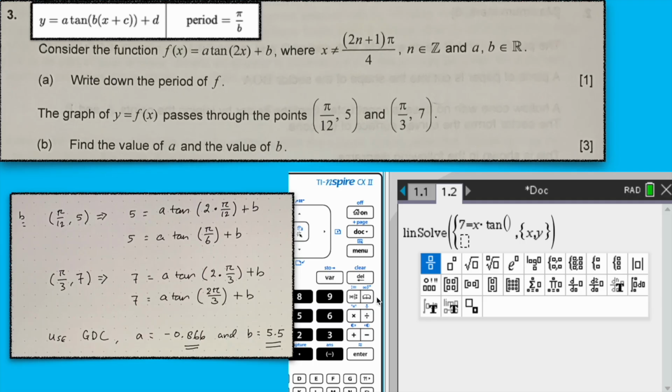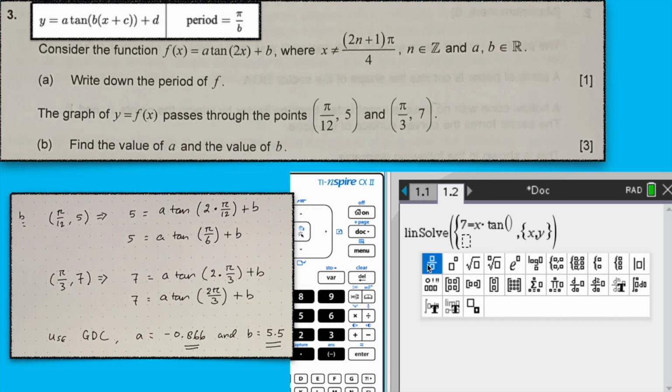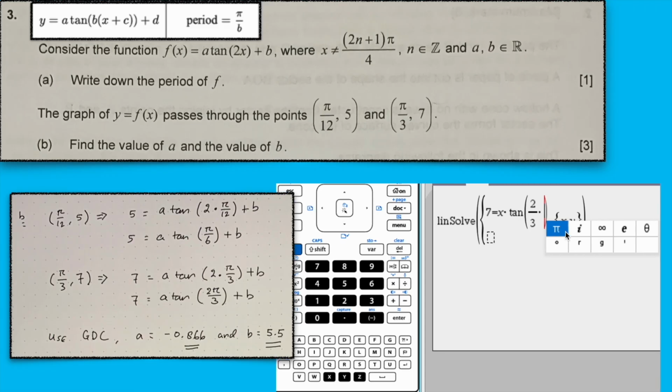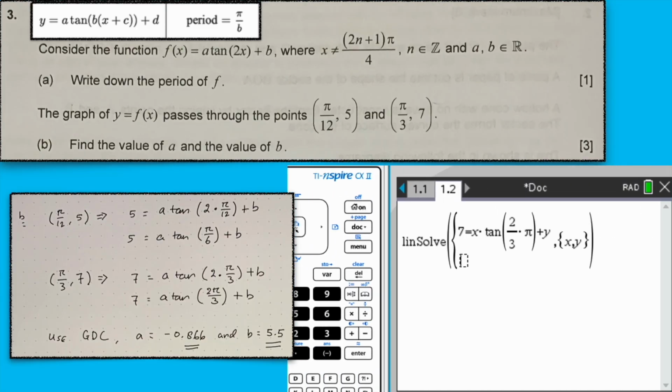So what you can do, click that catalog icon and choose this fraction format like so, and input the values, the numerator and denominator, 2 over 3 times pi. Now to find pi, you click that button there, okay, and then you can find pi. Then input pi like so, plus b. In this case, b is equal to y.